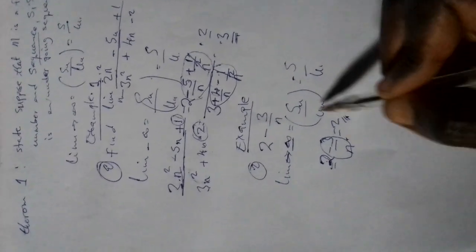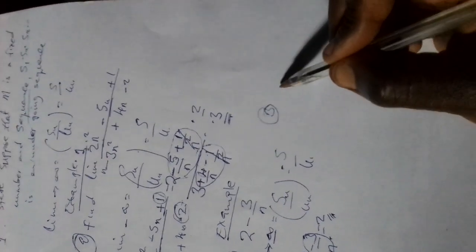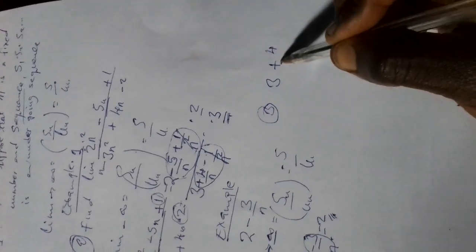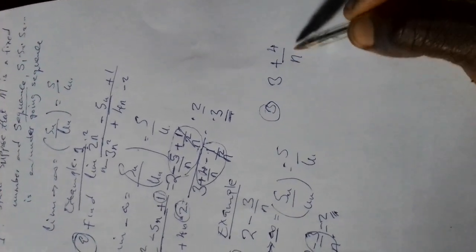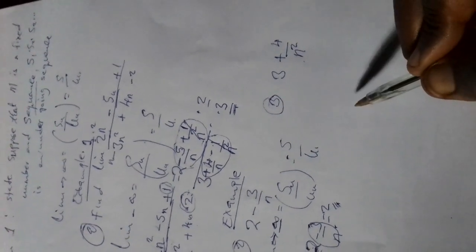If you didn't listen very well, then I'll make this one example 3, where the question is like this: 3 plus 4 over n squared. Okay, when the question is like this, it is simple.